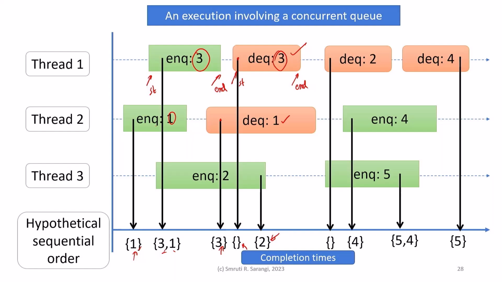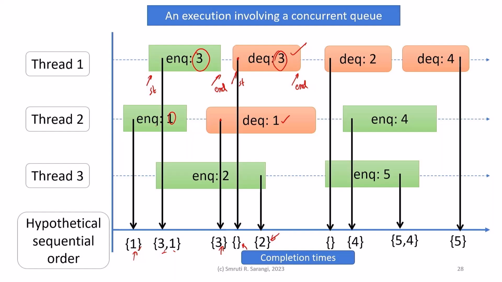The key idea is that if I know the completion times, then I can arrange all the events in ascending order of their completion time. And I can think of it that one hypothetical sequential thread is actually executing all of these events. Correct? Now the question is that if I execute all of these events, is it following the semantics of a queue?